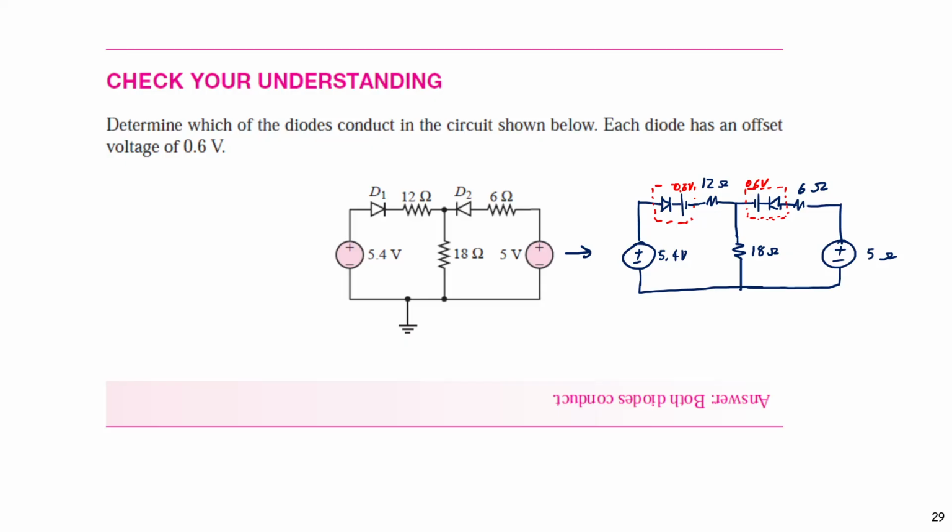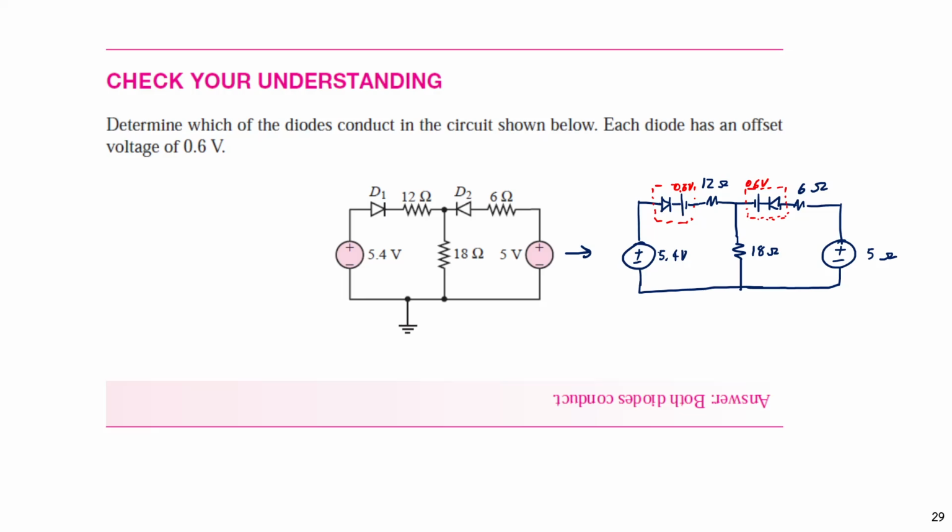So how do we know that the diode is in conducting mode or non-conducting mode? Or maybe just one diode is conducting and the other one non-conducting. So there are four conditions, right?